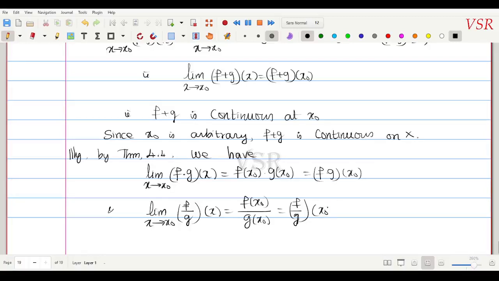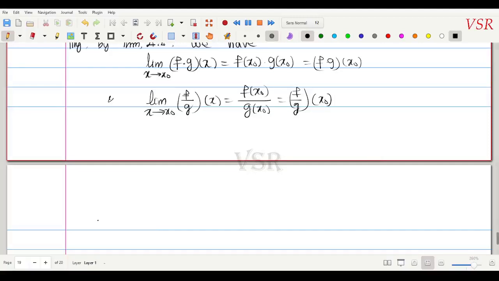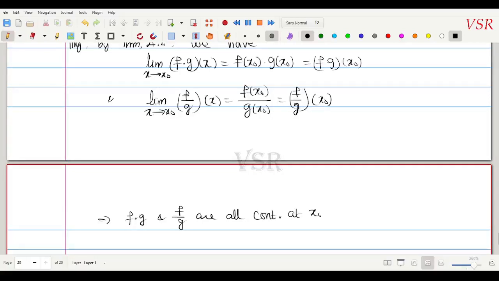So this implies that f into g and f by g are all continuous at the point x naught. Okay, so this is the statement we have proved.